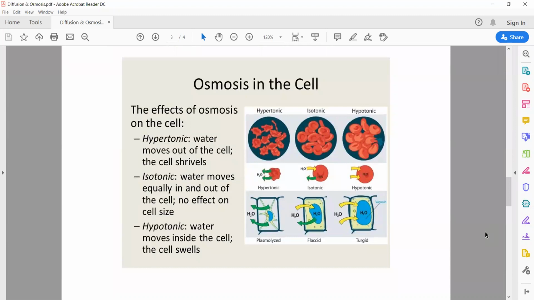When you go in and you get IV fluids, they have to put an isotonic solution into that IV bag. Isotonic, you'll see that here, the middle one. Isotonic means that it's not a greater concentration inside or outside of the cell. The concentrations of water inside and outside are equal. Therefore, there's no net movement of water in or out of that cell.